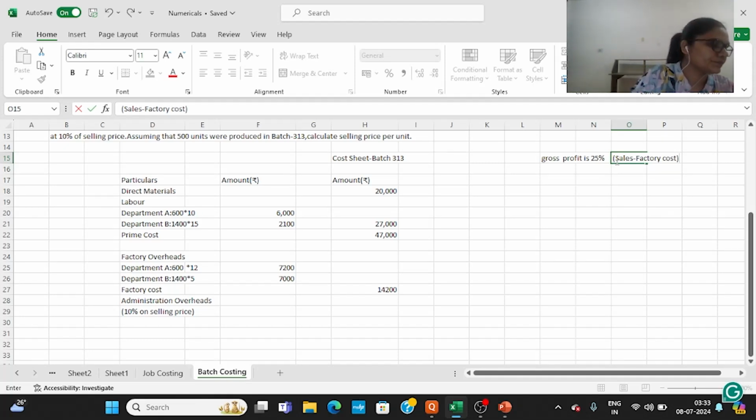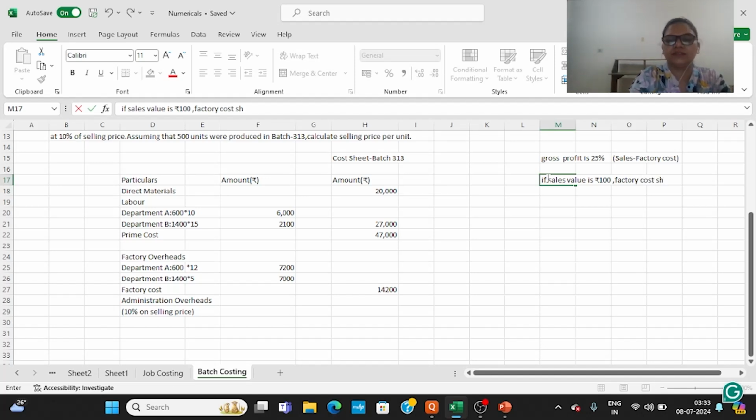Now it simply means if sales value is rupees 100, factory cost should be rupees 75.